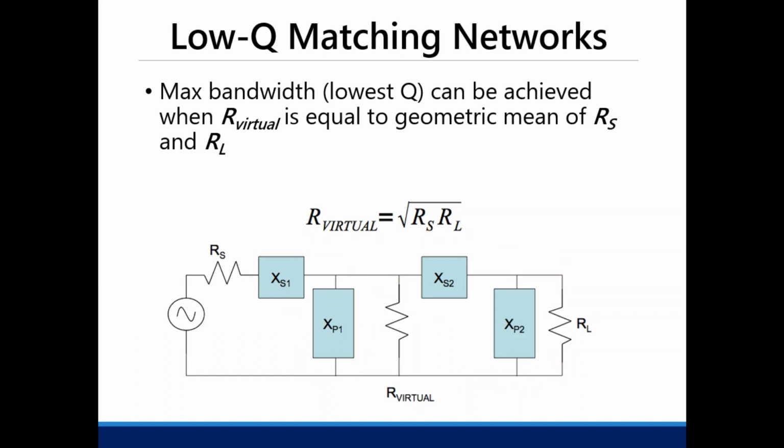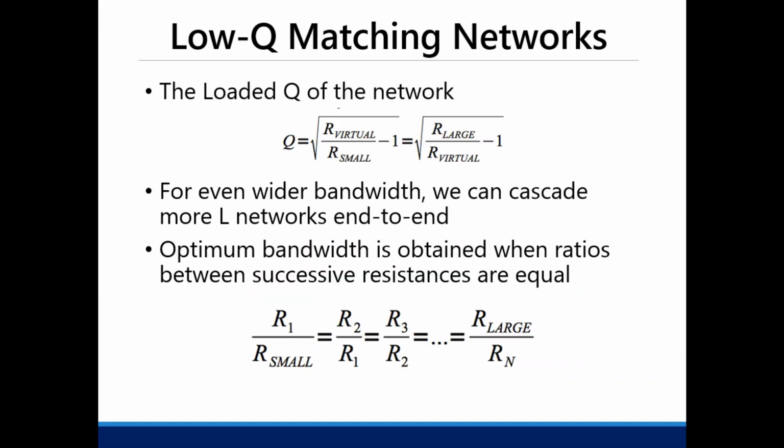Basically, you will be able to match RS to a larger range of load resistances. Okay, so that is basically the end of matching networks. So if you want more bandwidth, just increase the number of L networks.